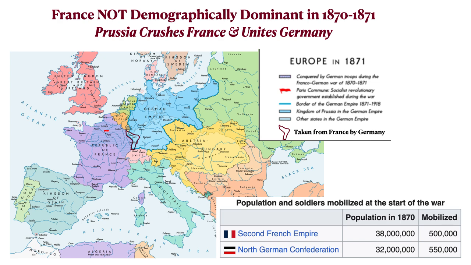And you can see that by the time of the war, the North German Confederation, which was Prussia and the smaller German states in the north that it dominated, essentially had close to population parity with France. The militaries were about the same size, but the Prussians had a much more effective military.